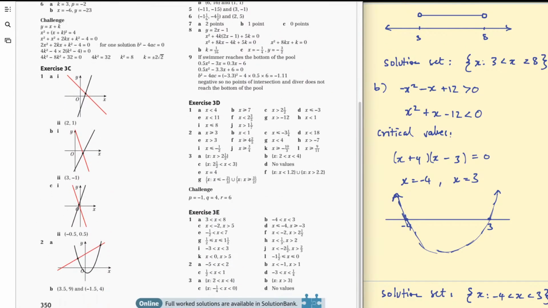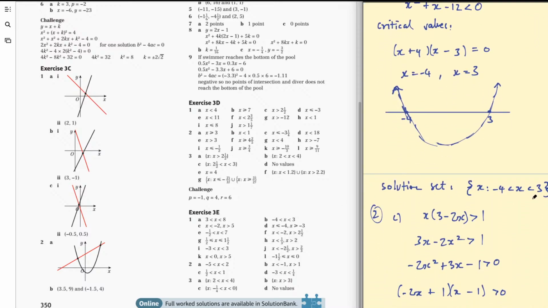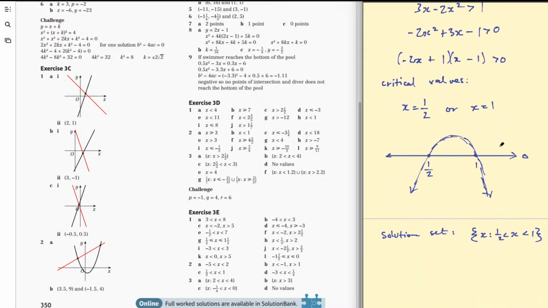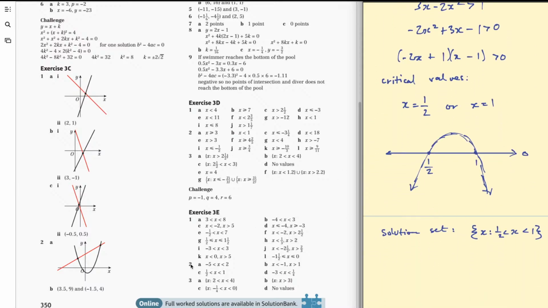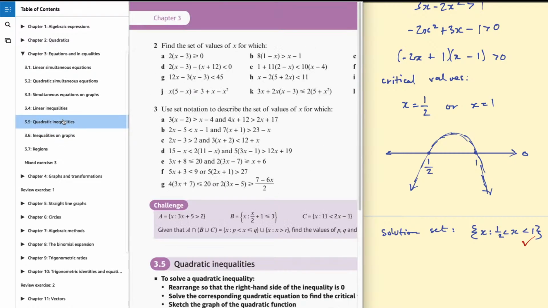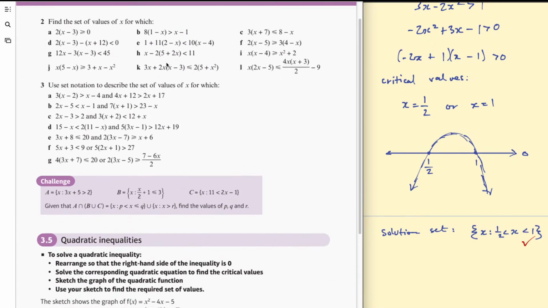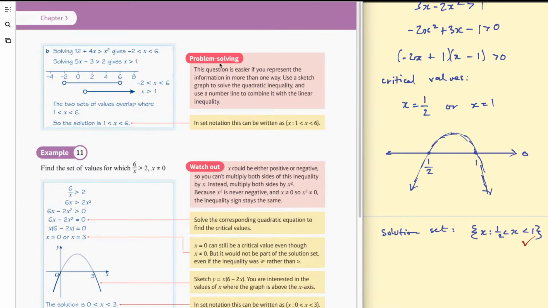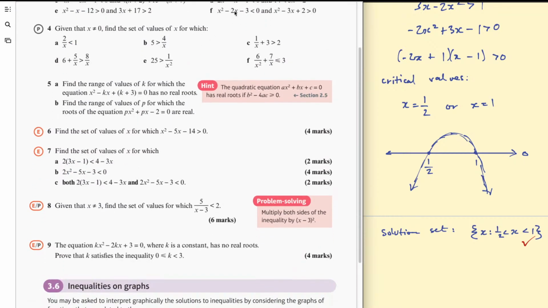So we did 1A, okay, they're not writing it with set notation, but well, it's still x between 3 and 8. B was between -4 and 3. And then we did 2C was between 1/2 and 1. Okay. All right, on to the next set of questions.